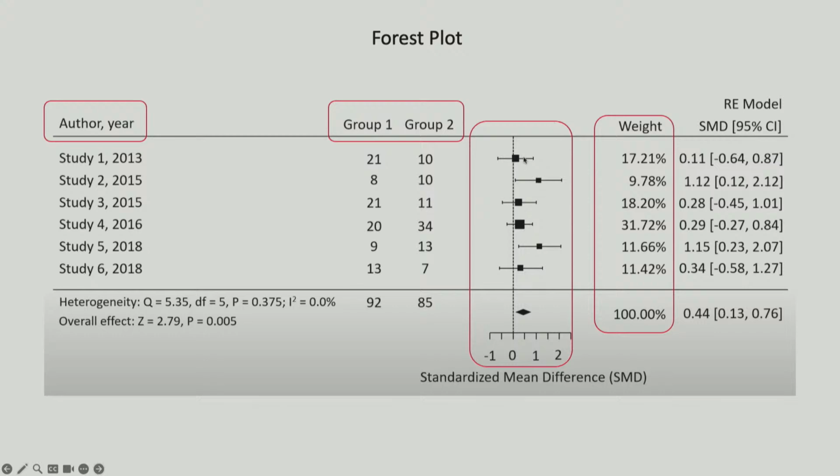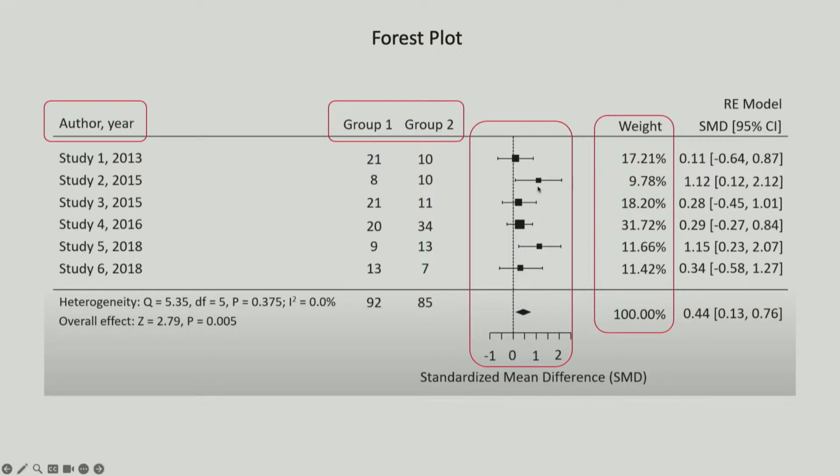Now, the sizes of these boxes are different. Some boxes are small, some boxes are big. But the study which has the maximum weight has the biggest box, right? So the size of the box somewhat refers to the effect of that study that has been taken, or the weight of the study that has been taken.